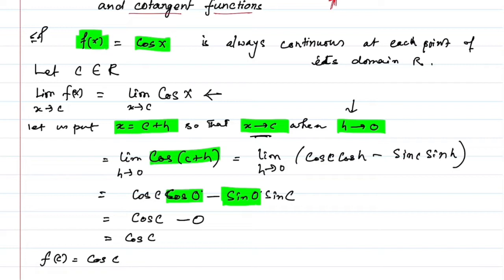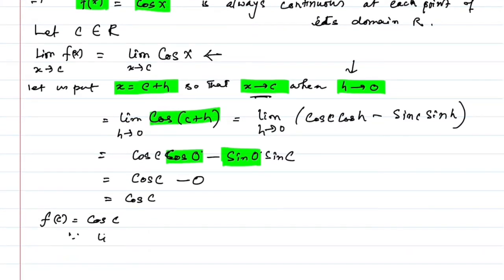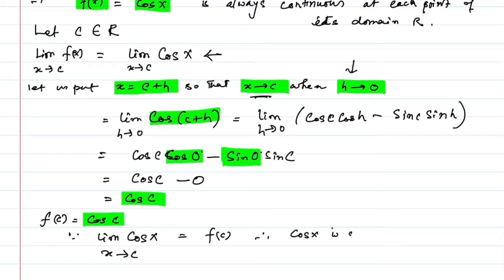Since the limit of cos x as x tends to c is equal to f(c), in both cases we have got the result cos c. Therefore cos x is continuous.